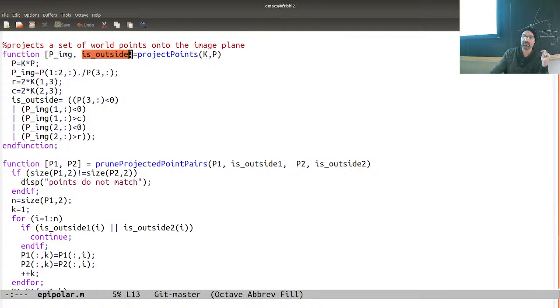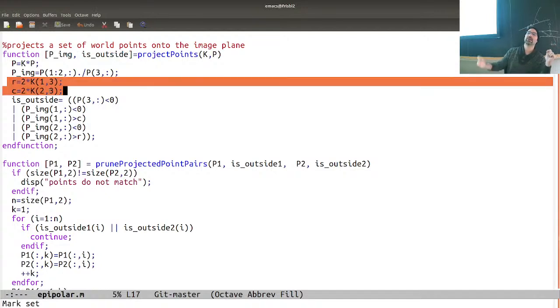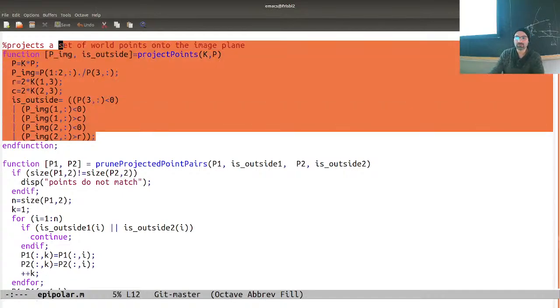It also returns a vector of Booleans that tells you whether these points are inside or outside the viewing frustum. Where R and C, okay, yes, now I remember, R and C are extracted from the camera matrix. The camera matrix has fx, fy, which is the focal length, and the principal point, so I take the principal point and multiply it by 2, because it's in the middle of the image. And then I determine somehow the width and the height of the camera. Okay? That's the game. This is the first point.